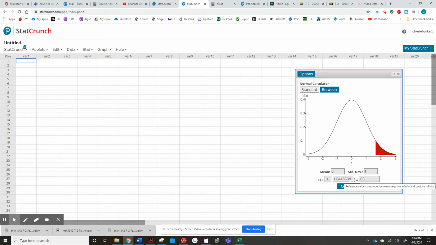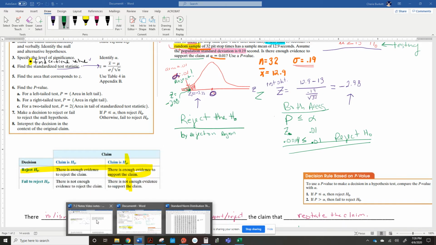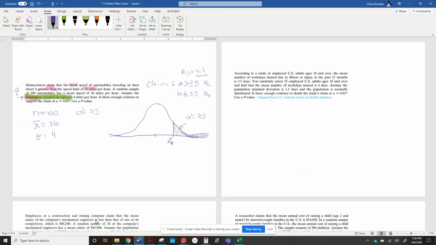So my critical value Z is 1.645. My Z value right here is 1.645.